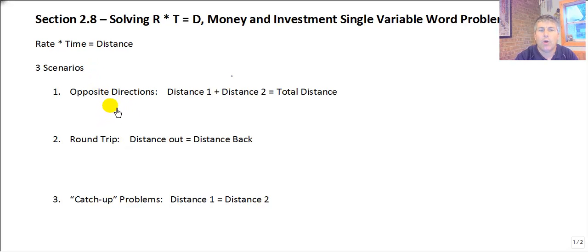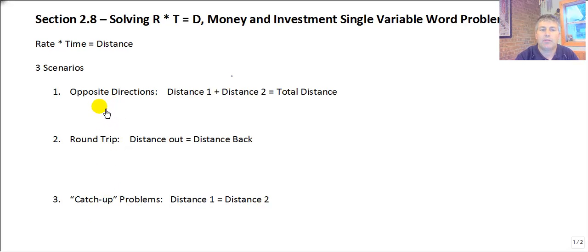The first scenario is when the objects or items or trains or cars or whatever are traveling in opposite directions. So you need to read the problem and determine whether vehicles are traveling in opposite directions, or you need to see if it's a round trip, or you need to see if it's a catch-up problem.